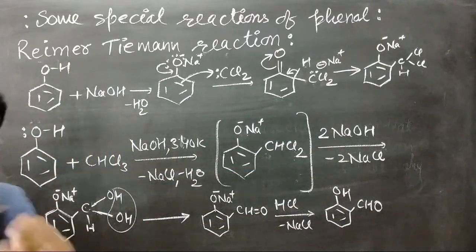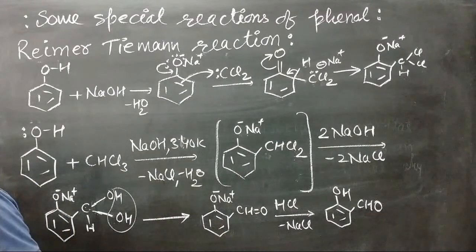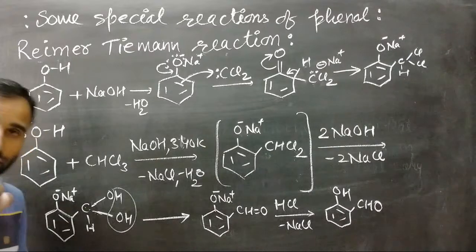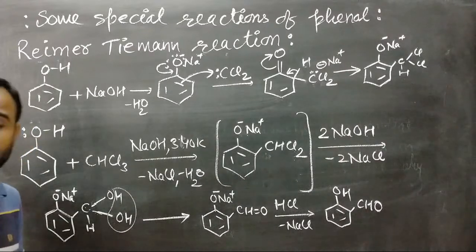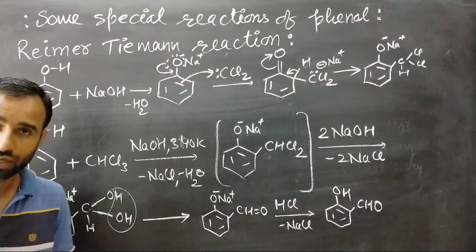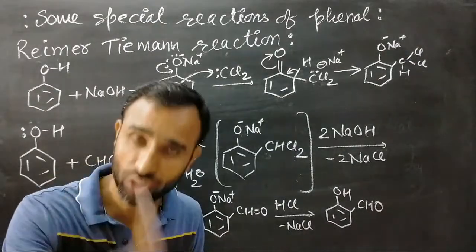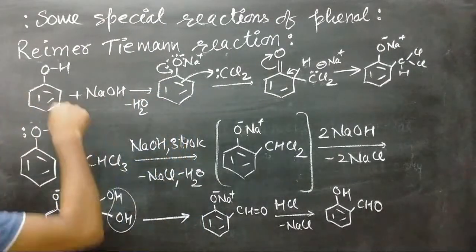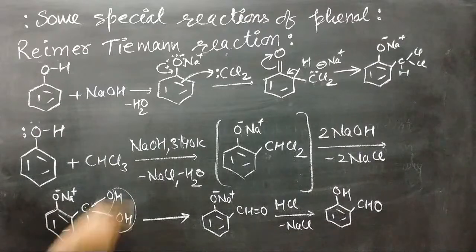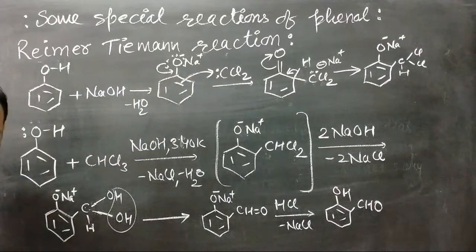Is there any doubt? Please do ask. So first point is, what is the intermediate in Reimer-Tiemann reaction? So that is dichlorocarbene. Now dichlorocarbene, what is it? It is an electrophile. So that electrophile will attack at ortho position.